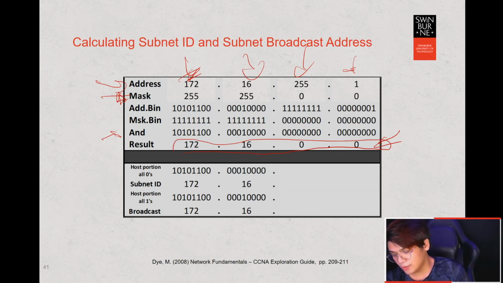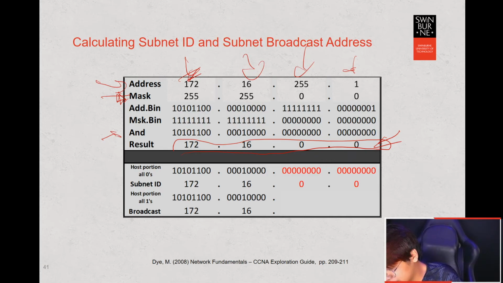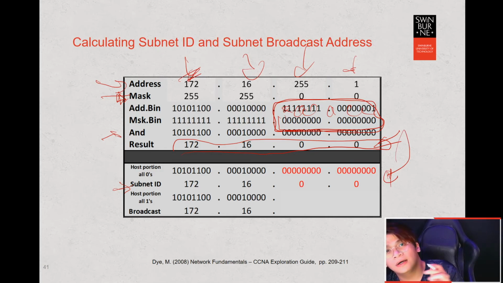To find the subnet ID, the network address, whatever, you make the host portion all 0. You turn this up here to all 0, which is your network address. After you do the ANDing method also can, this one also can.